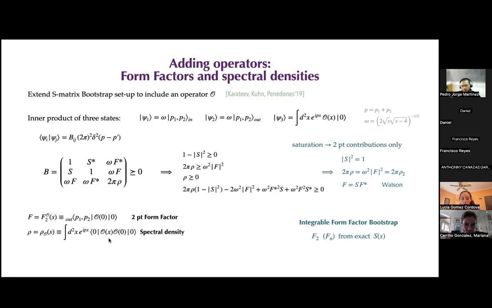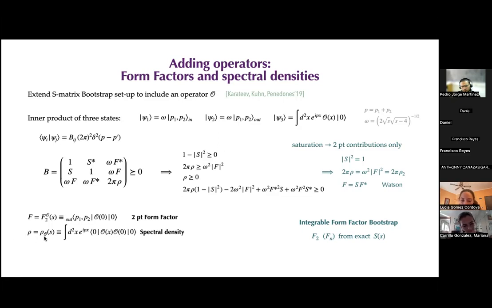Yeah. So, okay, there are several points. The first is, yes, it's what I tried to explain too fast. But indeed, this is the definition of the spectral density. You can insert the complete basis here of 2 and 3 and 4, whatever.